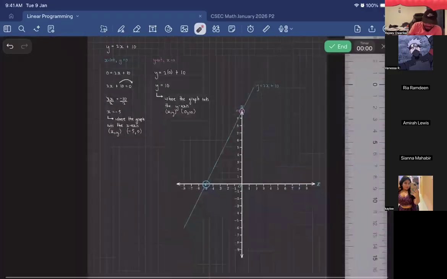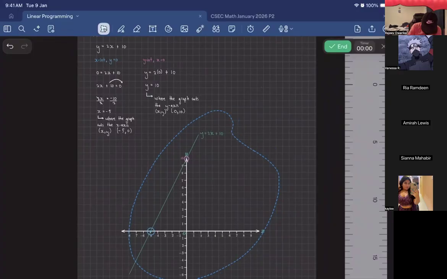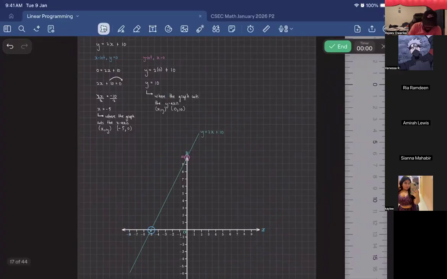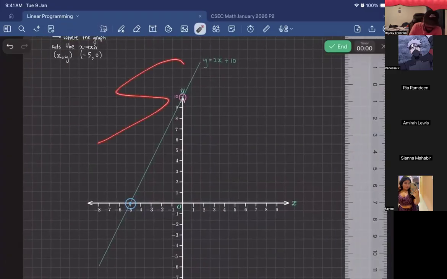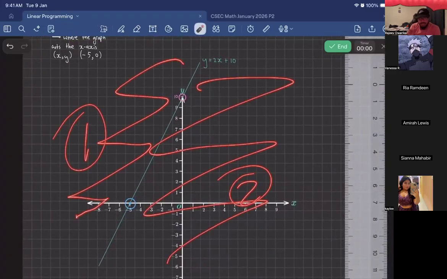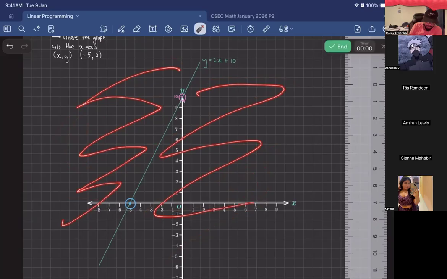So here, the next step is to take a test point in one of the regions. As you would have seen, we have two regions. We have this region over here as one region, and we have this region over here. I want you to pick a random point in one of the regions and tell me which region you're talking about.